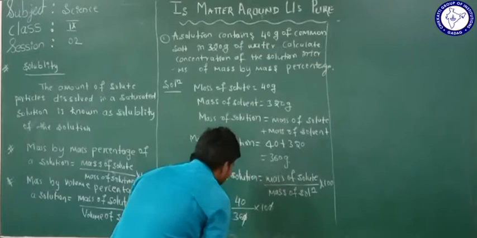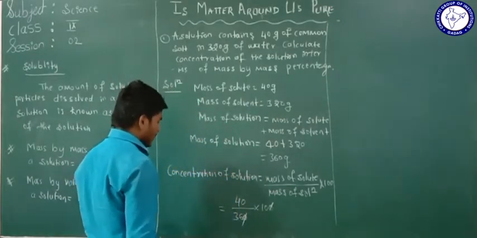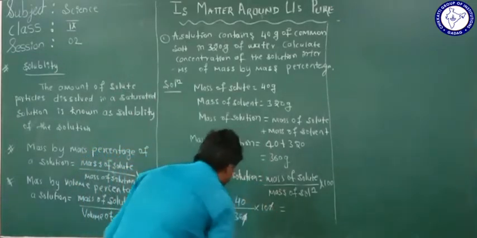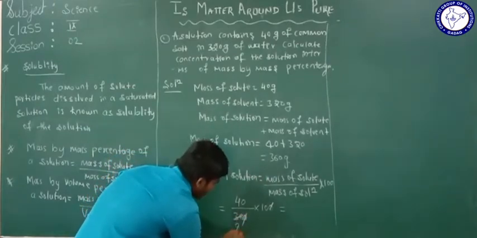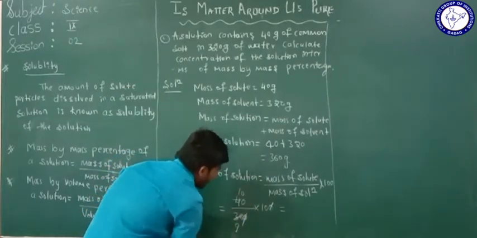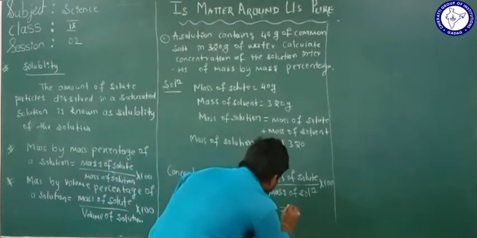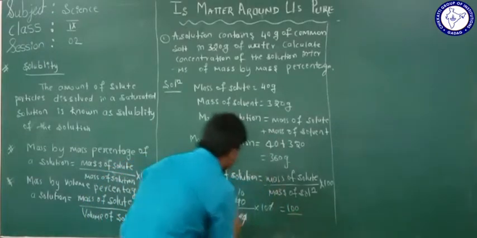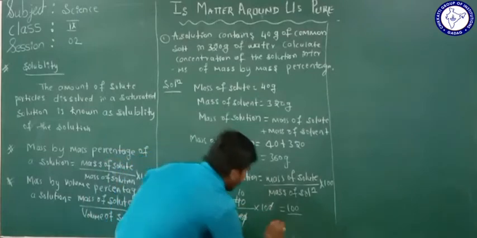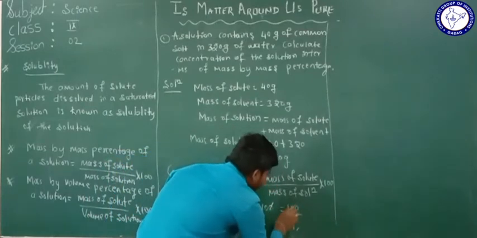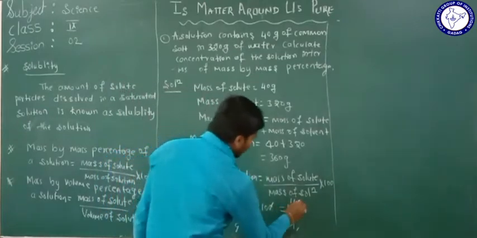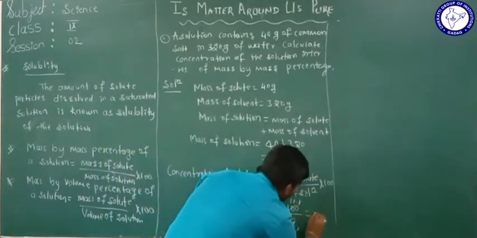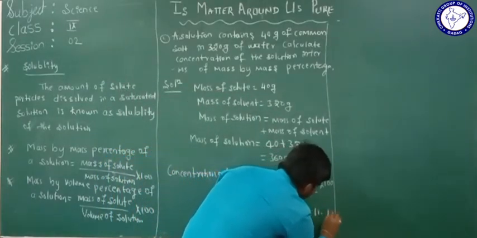This 0 gets cancelled. See, that is equal to 4 9s are, 4 10s are, that is we get 100 divided by 9. Why? Because 10 into 10 is 100. 100 divided by 9, 9 1s are 9, 11s are, remaining is 1 becomes 10, again 9 1s are, that is we get 11.1%.